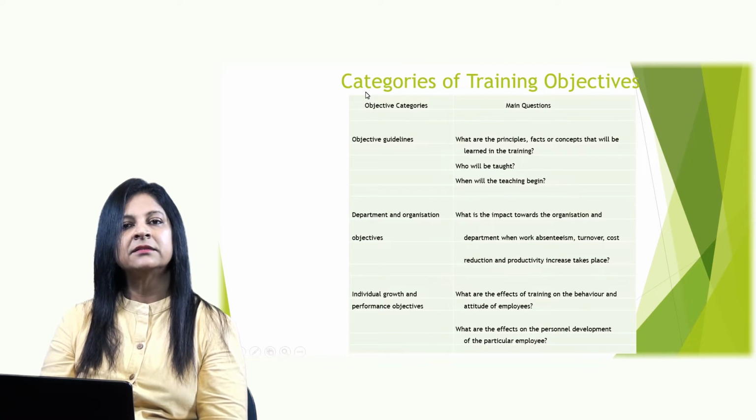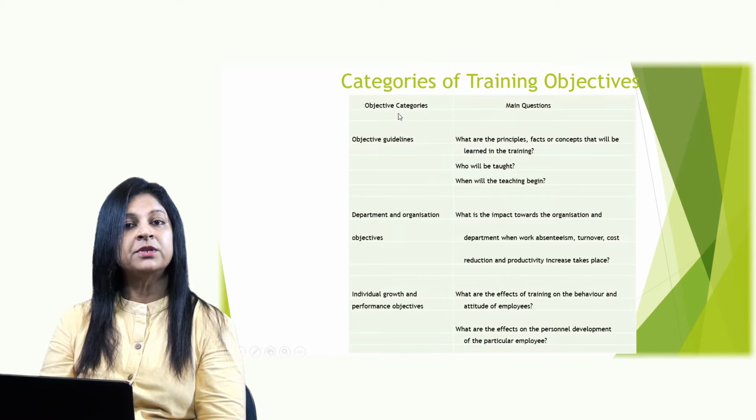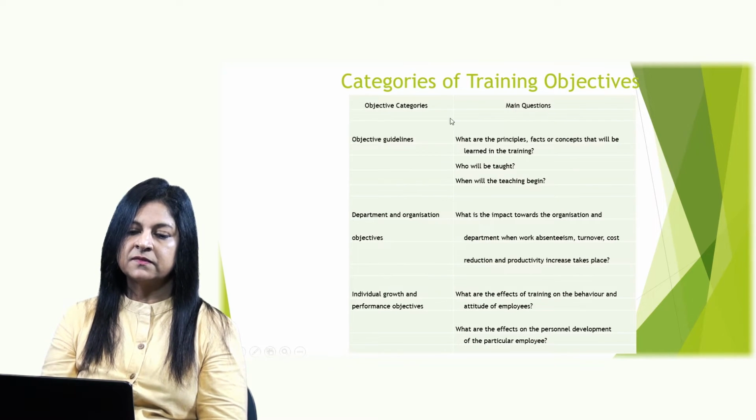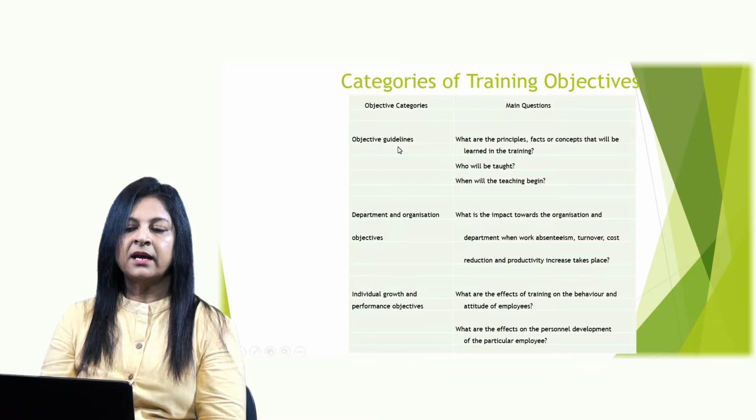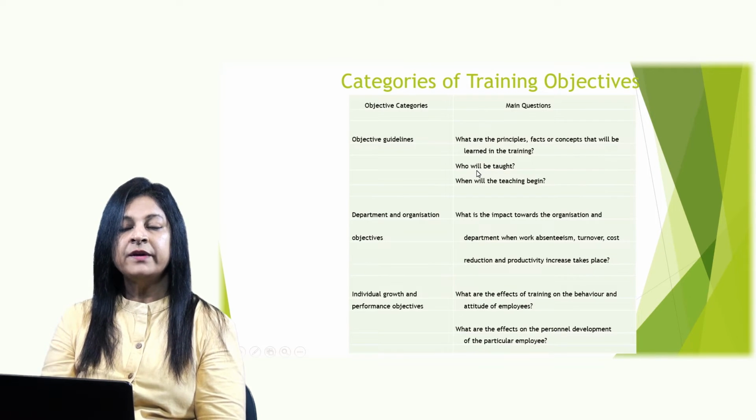Well, you can see the categories of training objectives. If you take the objective category, the main questions. For the objective guideline: what are the principal factors or concepts that will be learned in the training? Who will be taught? When will the teaching begin?